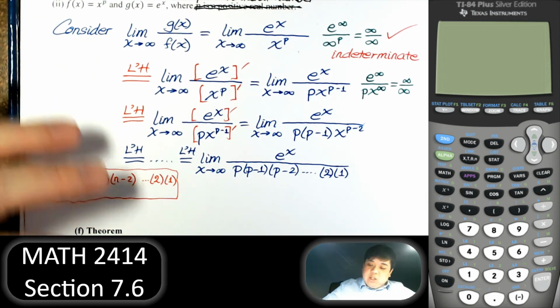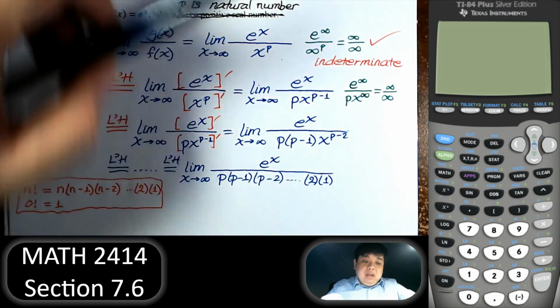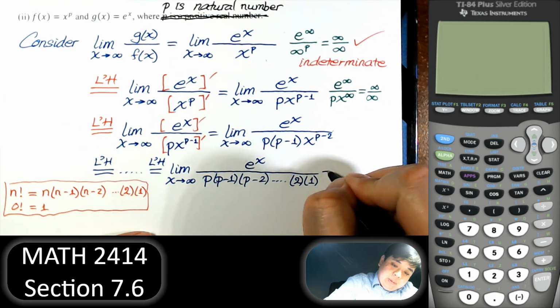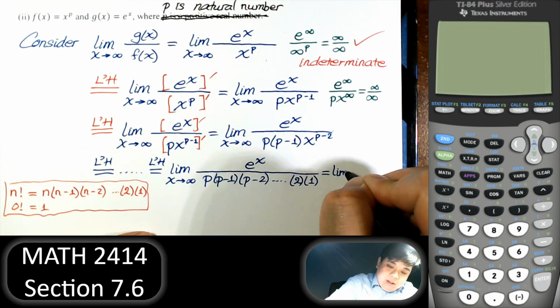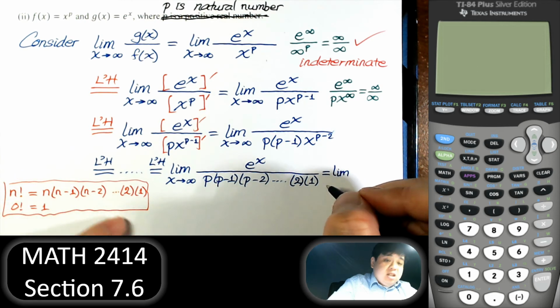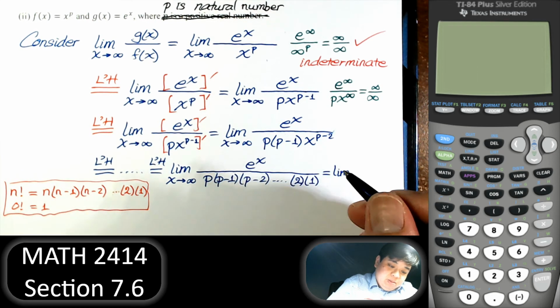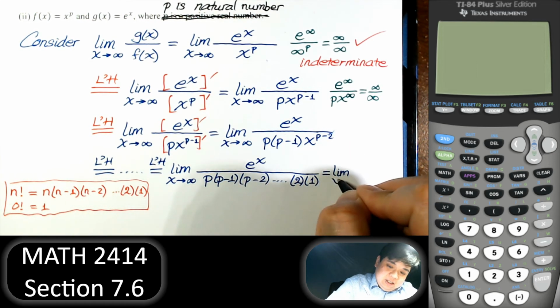So when we do all of that, we have p factorial at the bottom. So that's why I chose p to be a natural number, so we have this turn out to be a factorial nicely.